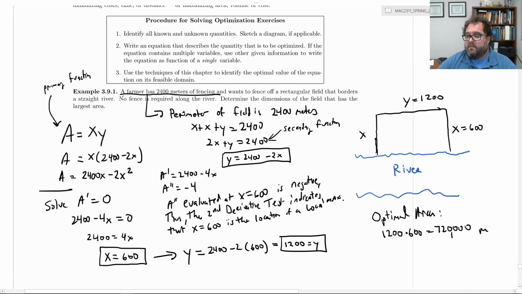And that would be meters squared. And I forgot to put meters over here. So 720,000 square meters is the optimal area. And again, our field is 600 meters by 1200 meters. Again, by, not times. Yeah, so there we are.